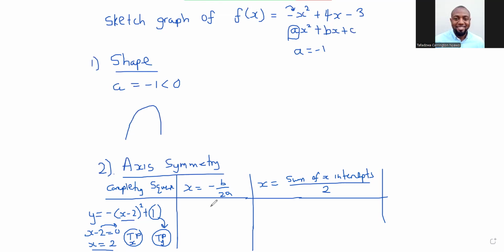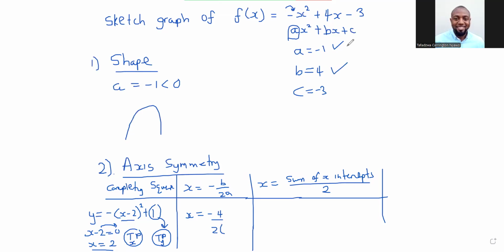Now let's use x is equal to minus b over 2a and see if we get the same answer. I said a is -1, b is 4, and c is equal to -3. In this case, I just need b and a. So b is 4, so here I put 4 over 2 times a.